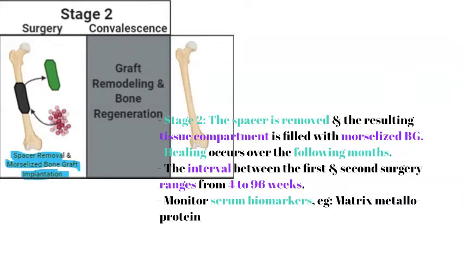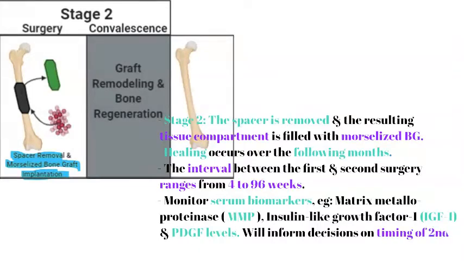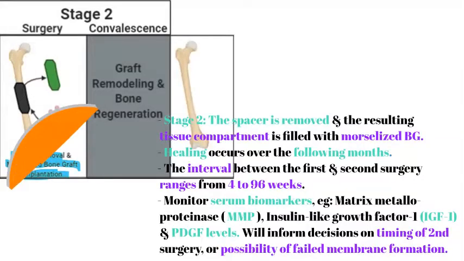Ideally, you should monitor serum biomarkers, for example matrix metalloproteinase (MMP), insulin-like growth factor 1 (IGF-1), and platelet-derived growth factor (PDGF) levels. This will help inform decisions on the timing of the second surgery or the possibility of a failed membrane formation.